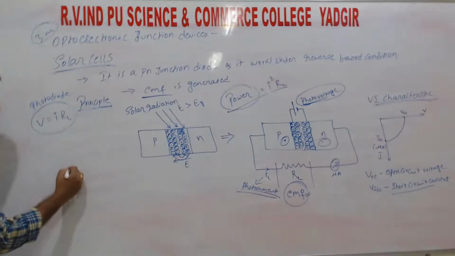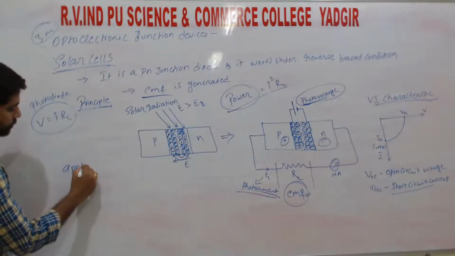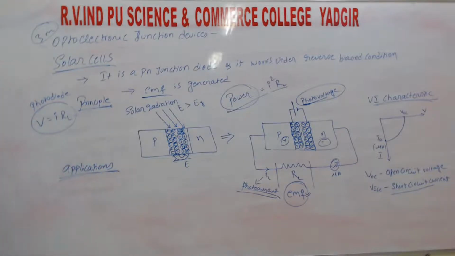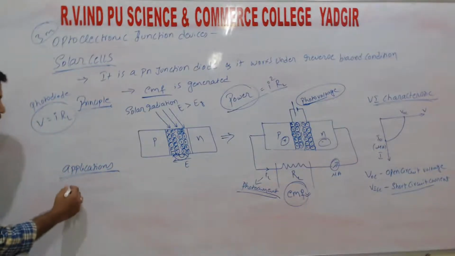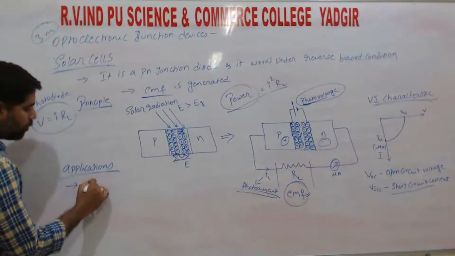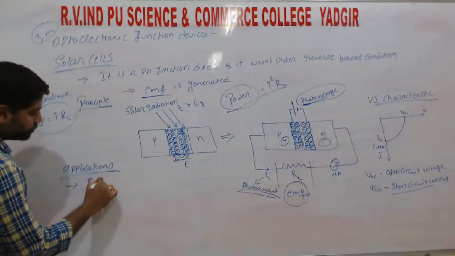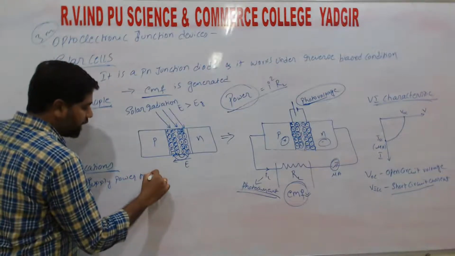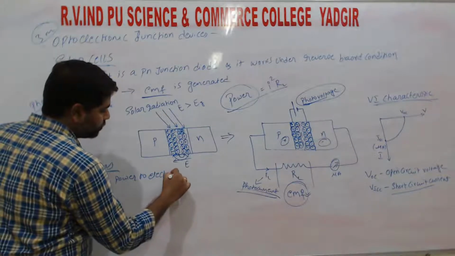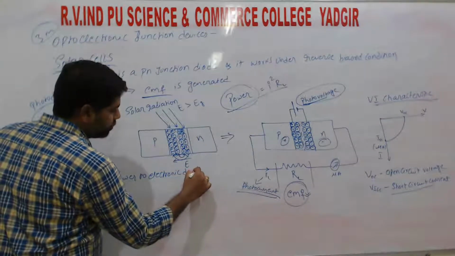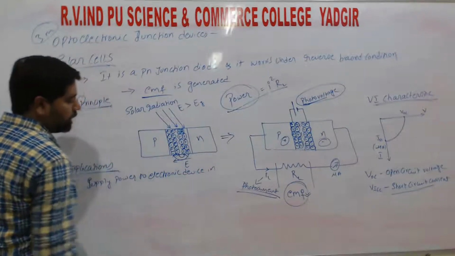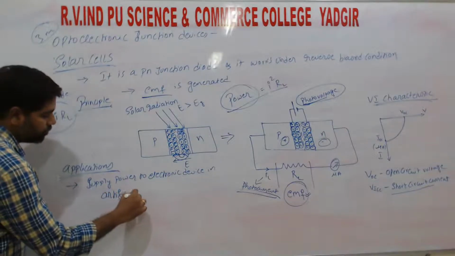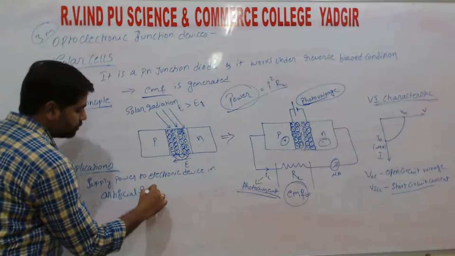So next one is the applications of the solar cell. This solar cell we use to supply power to electronic devices in artificial satellites.